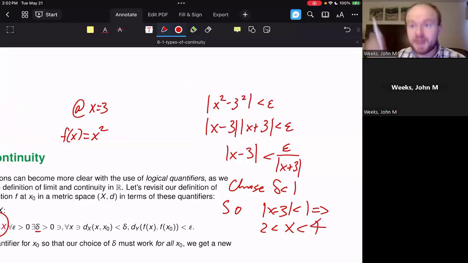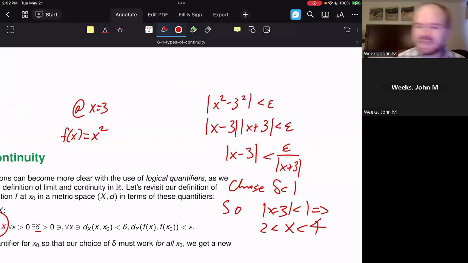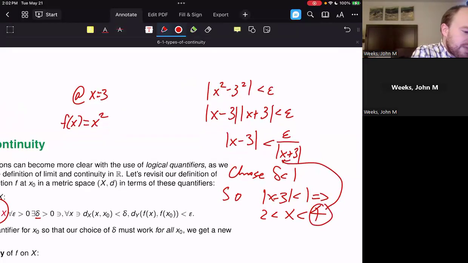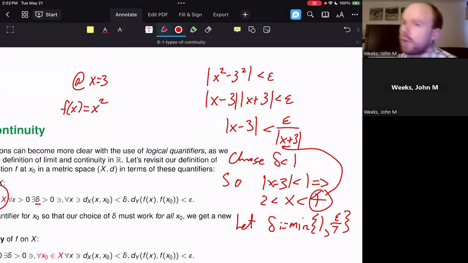Basically, we're saying that the distance between this point x and 3 is 1, and there's only the range of numbers between 2 and 4 that makes that work. The largest that x plus 3 can be, to guarantee this is less than epsilon, is what happens when I plug in 4 for x. So I end up saying let delta be equal to the minimum of 1 and epsilon over 7. Epsilon over 7 is what I get when I plug in x equals 4 for that branch there.